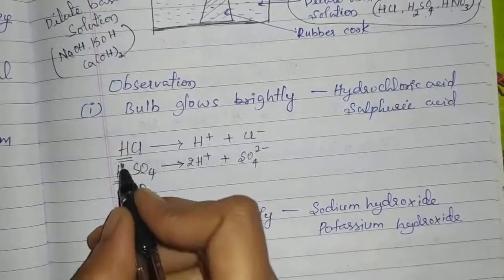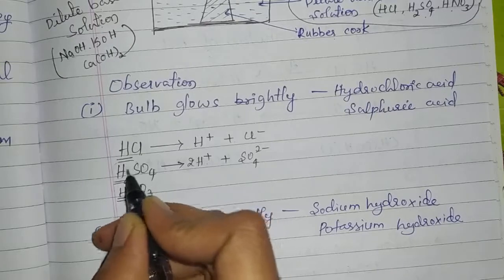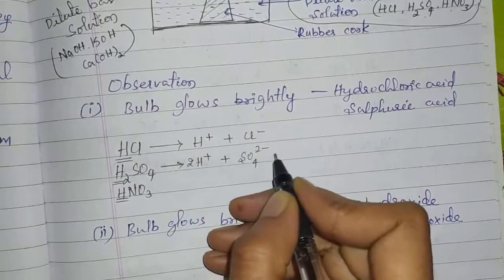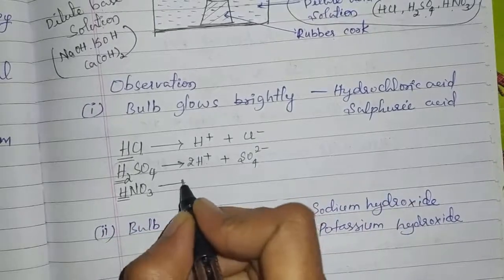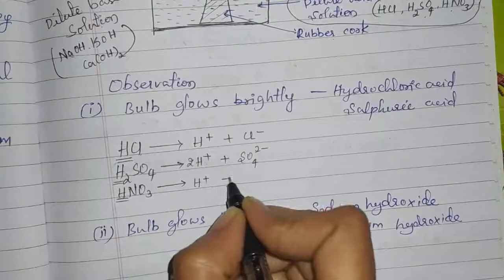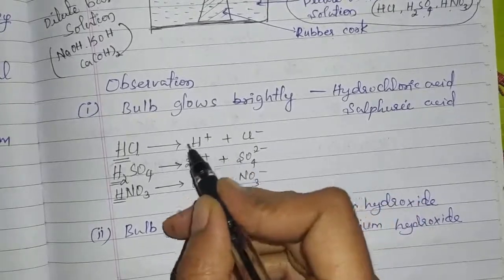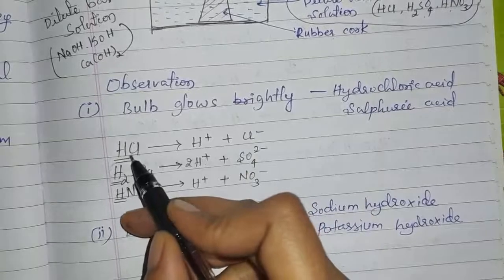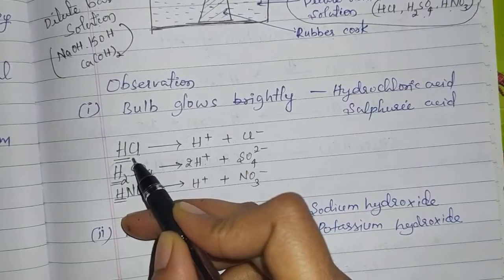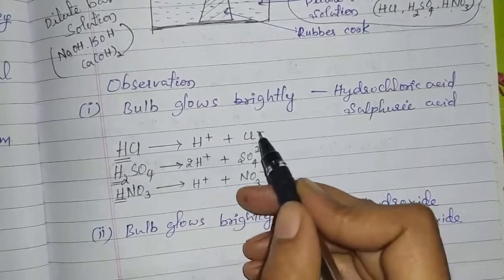See here, two hydrogen atoms are there. On complete ionization, it is ionized into 2 H plus and SO4 2 minus. And nitric acid is ionized as H plus and NO3 minus ions. When these acids ionize, they release H plus ions and anions.